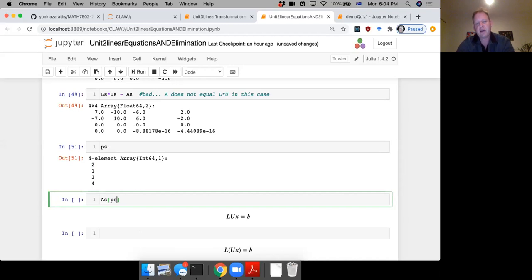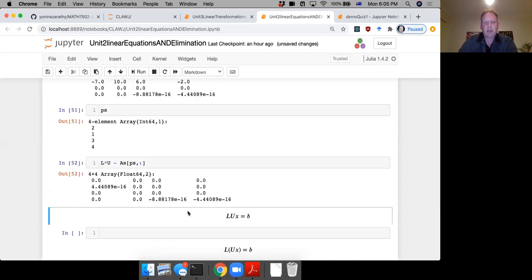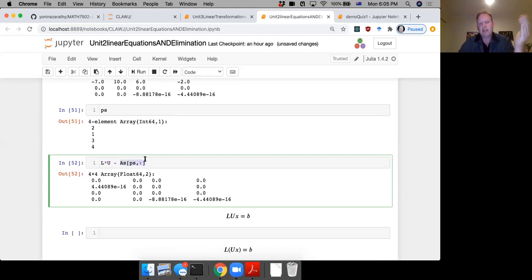I'll do AS PS, comma, colon, that takes this array 2, 1, 3, 4 and switches it back to what A was originally. And I'll do L times U minus that. We're going to get a 0. So this thing here is the permuted A. AS was the one that actually needed permutations.